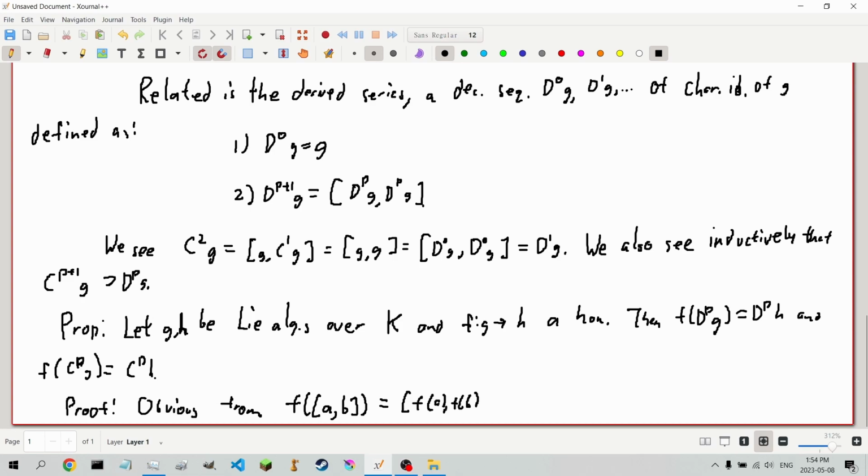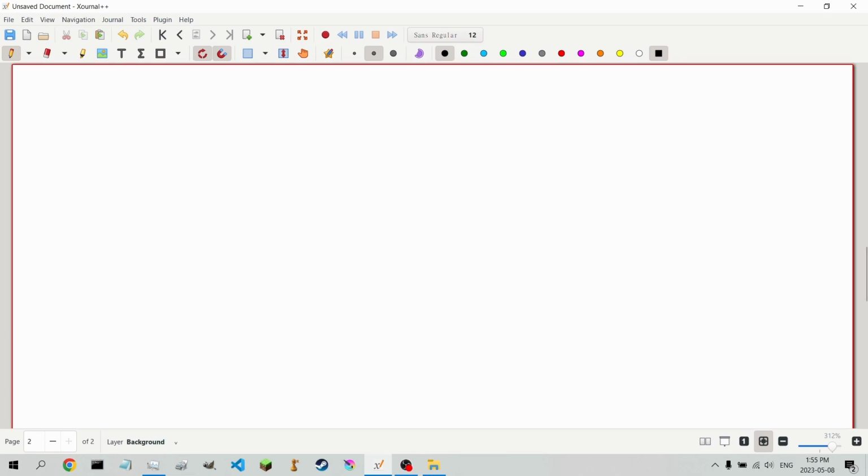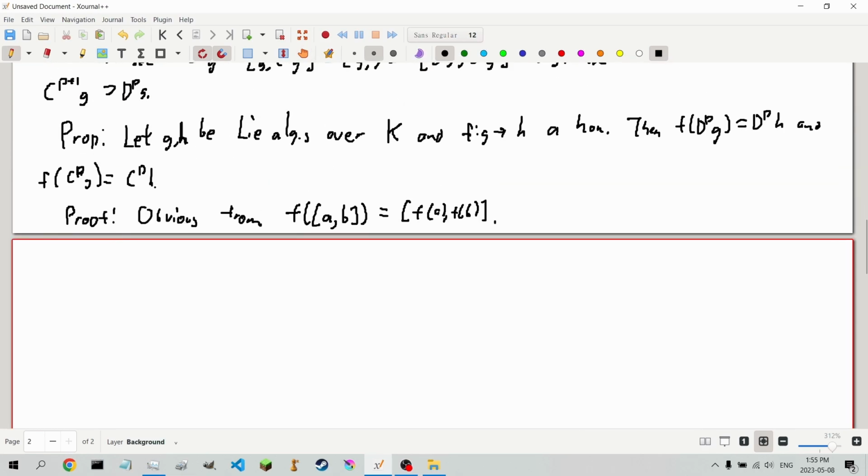You can see this by calling it the bracket of subgroups; it is done subset-wise, component-wise, and a Lie algebra homomorphism has to split across the bracket like this.